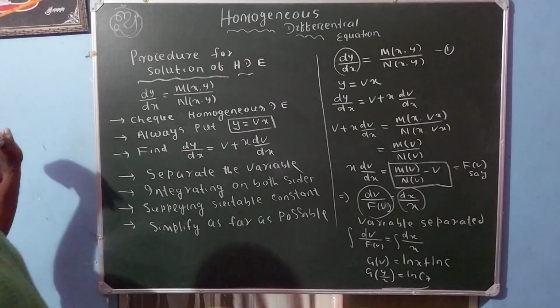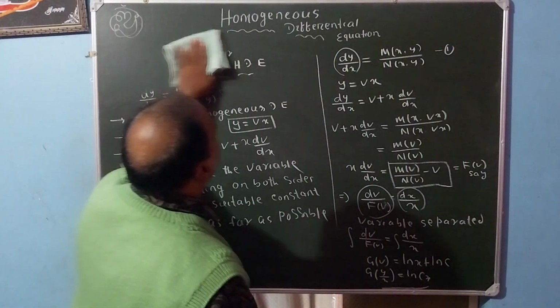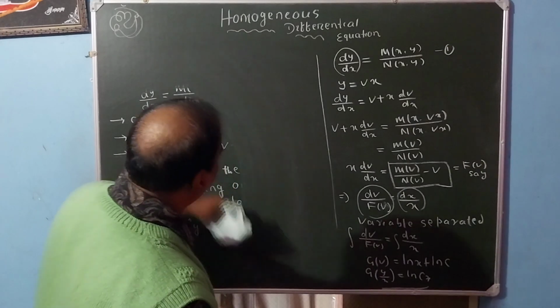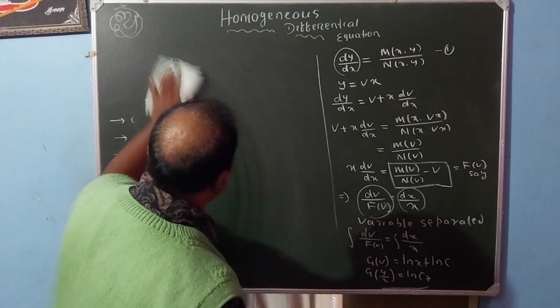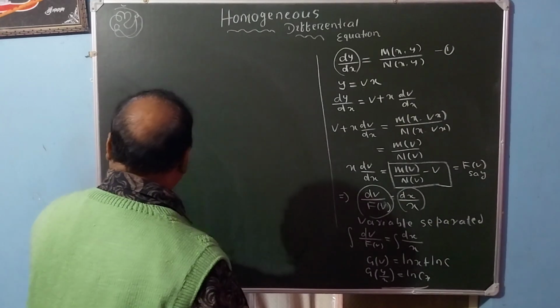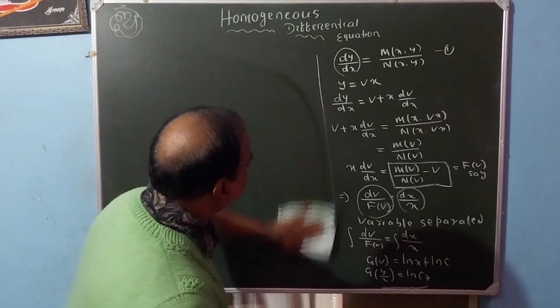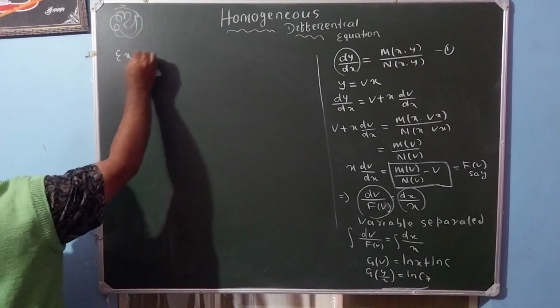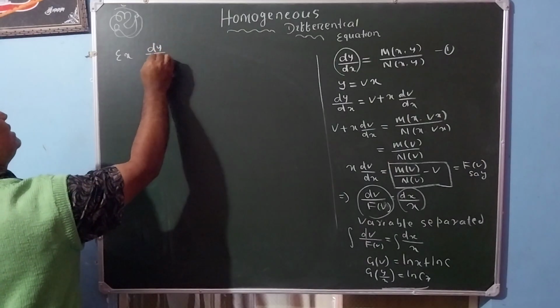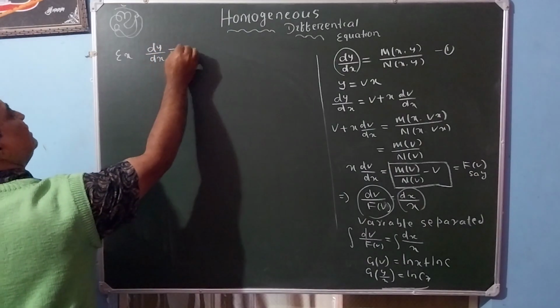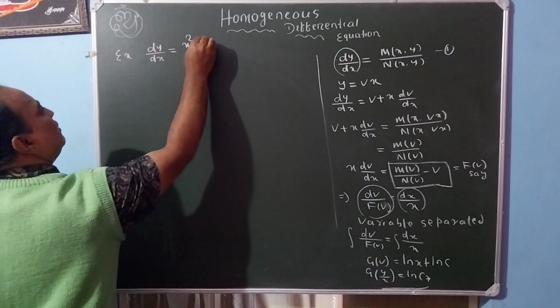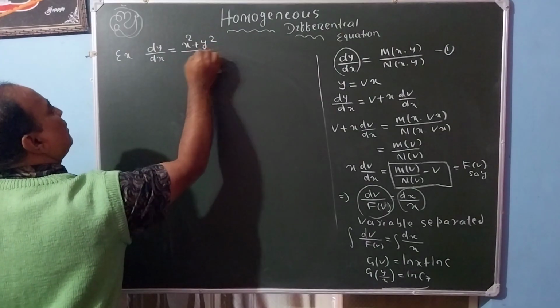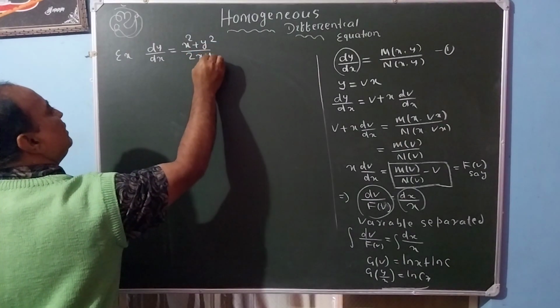Write down one example. How can you solve the homogeneous differential equation? One example. Write down dy/dx equals (x square plus y square) by 2xy.